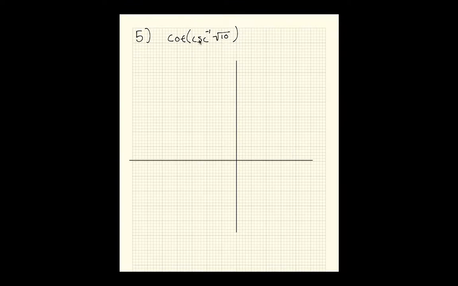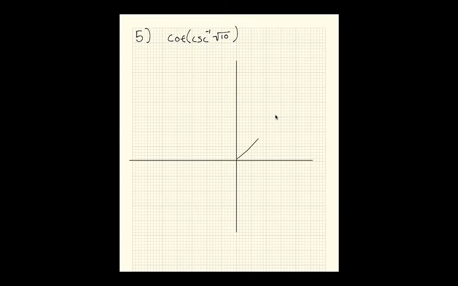This represents an angle. Even though we don't know what the angle is, if we draw it, we can find the cotan of it. This goes with sine, and it's positive. And if you remember anything about inverse, sine goes from negative pi over 2 to pi over 2, so quadrants 4 and 1. And this being a positive root 10, that means we're going to draw our angle in the first quadrant.